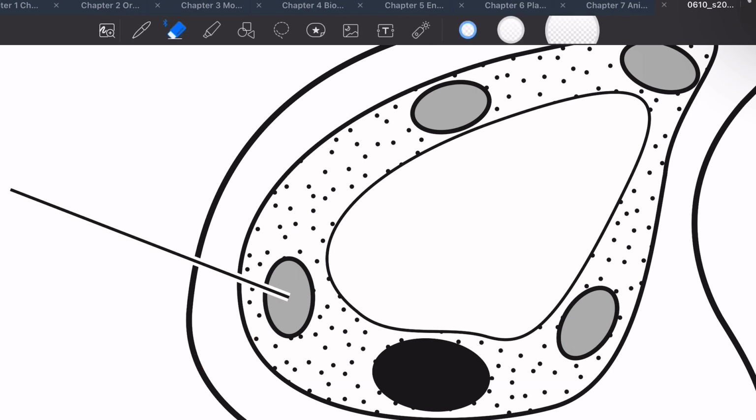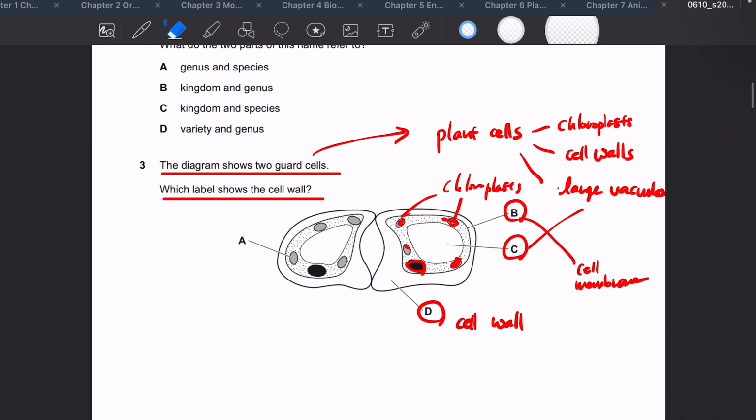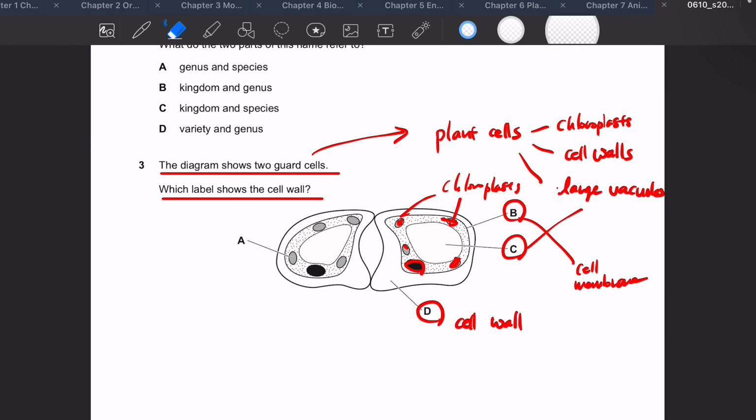It's not really stated in IGCSE. You guys never learn how thin the membranes are, and you don't actually have to know. Just know that the cell walls are quite thick. They're much thicker than the cell membranes, and the cell membranes are inside the whole structure.